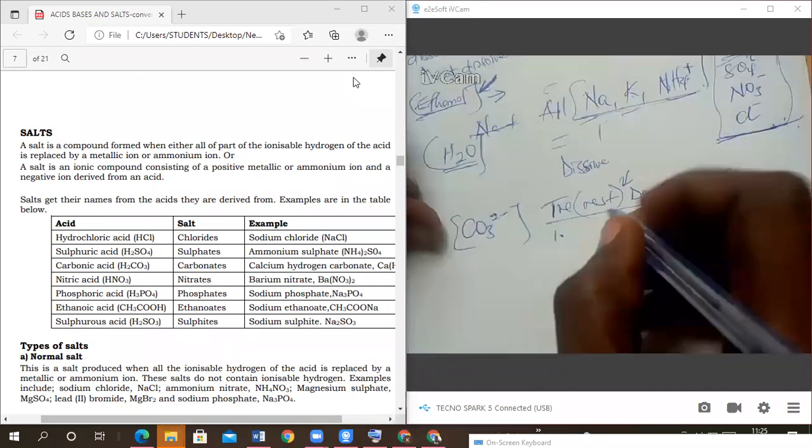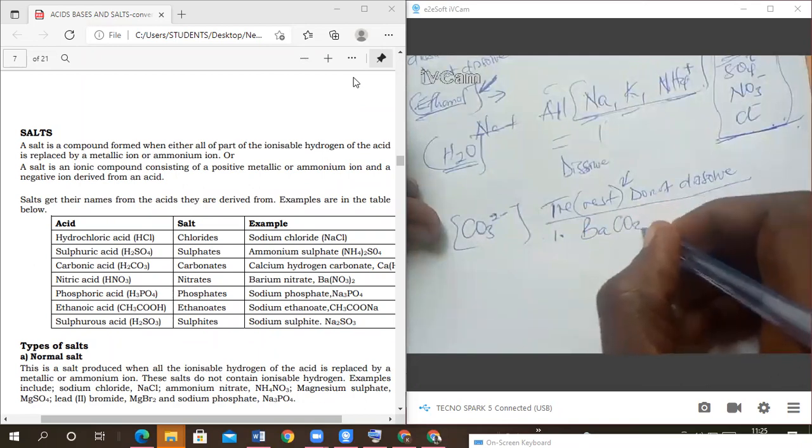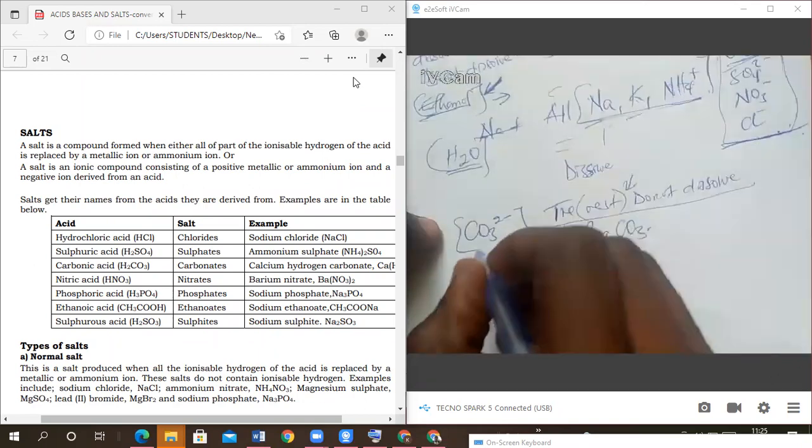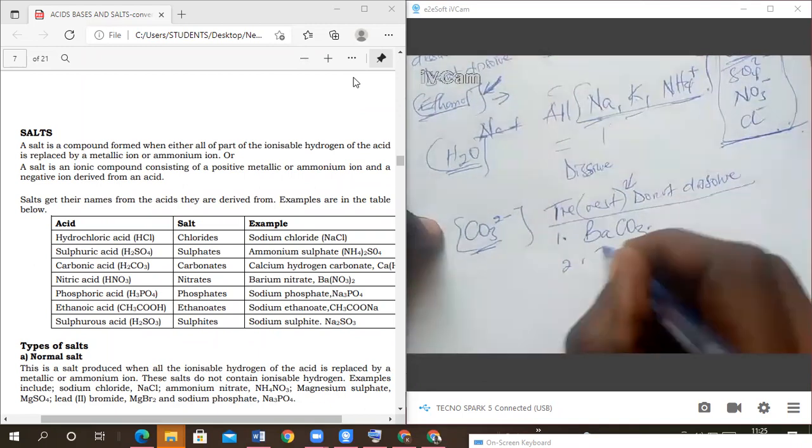Barium. Barium what? Carbonate, isn't it? Yes. Barium carbonate. They were talking about carbonates. Elise. Zinc carbonate. Thank you.